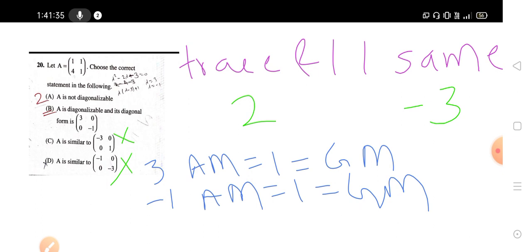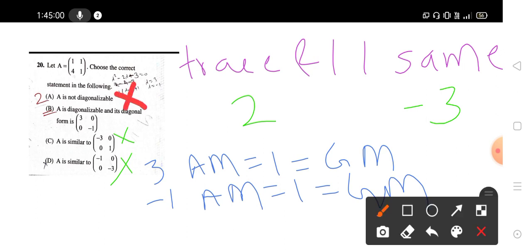Here 3 and minus 1 are 2 eigenvalues. Find AM of that eigenvalue equal to 1, and GM of that eigenvalue is also 1. For lambda equal to minus 1, AM equal to 1 and GM equal to 1. Therefore AM equal to GM. Then it is diagonalizable. Therefore option A is not true.